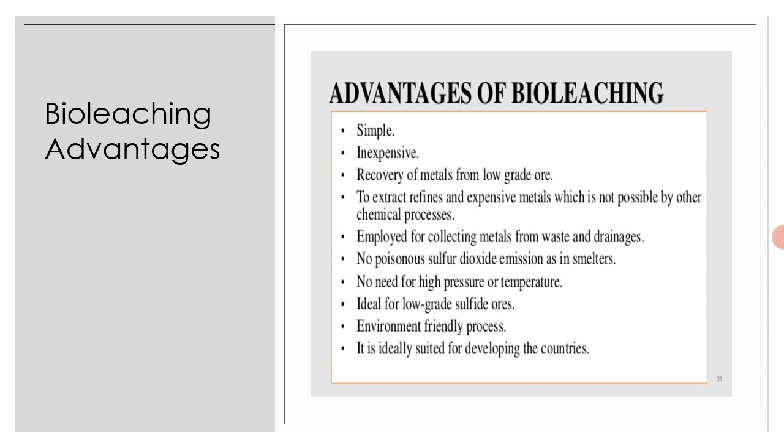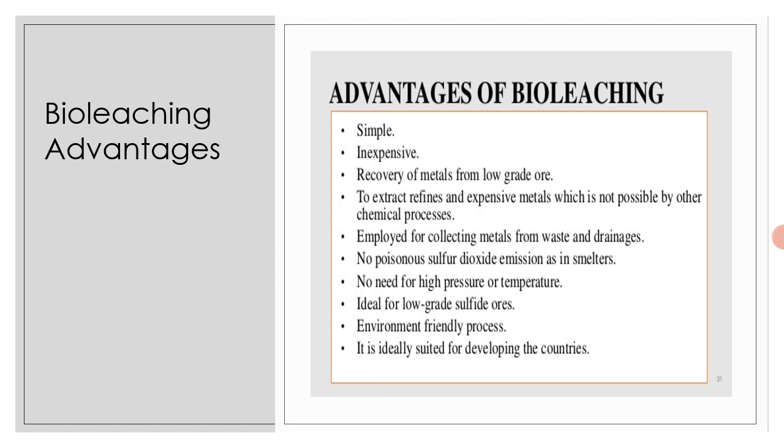The high grade ore is required in the bioleaching of the gold, right? Otherwise the low grade ore can be used for all other metals, but gold requires only high grade ore. The gold cannot be extracted from the low grade ore, only in the case of gold, right? For the rest, the recovery of the metals can be from the low grade ores.